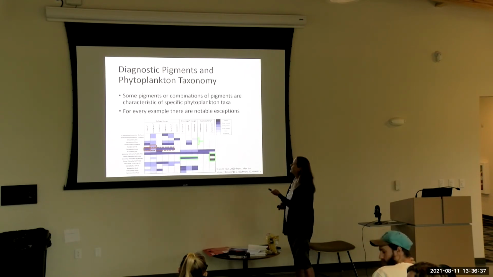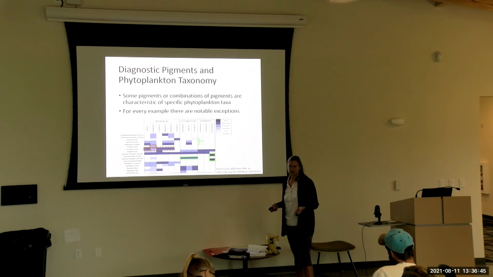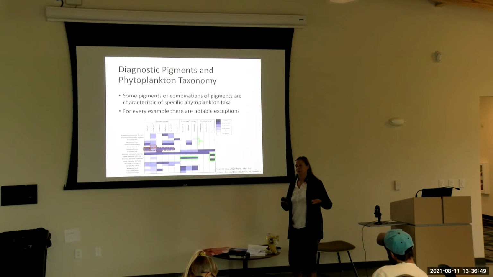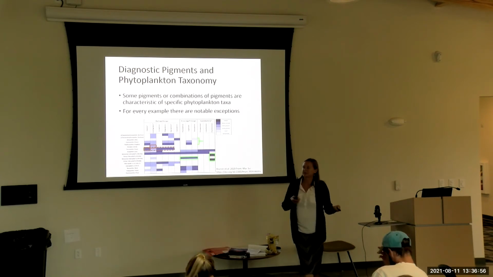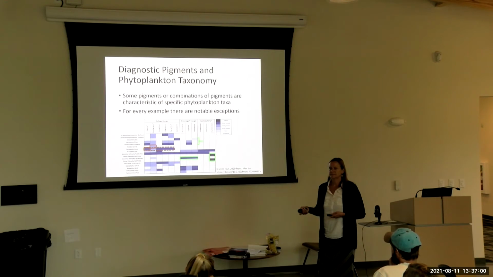Whereas if you had a diatom, you would expect a different chlorophyll to fucoxanthin to diadinoxanthin ratio based upon cultures. And so if I had measured chlorophyll, fucoxanthin, and diadinoxanthin in the water, I could say, well, it's probably 80% diatoms and 20% haptophytes, right?